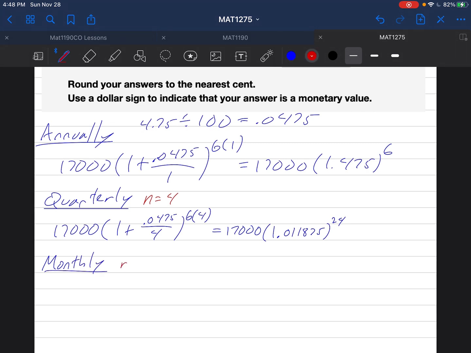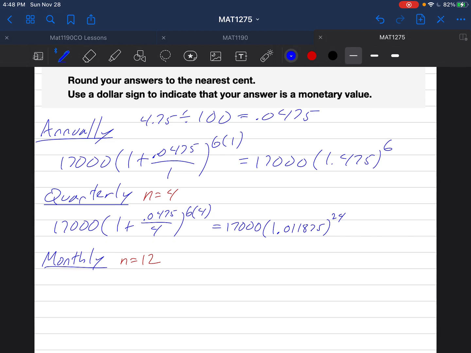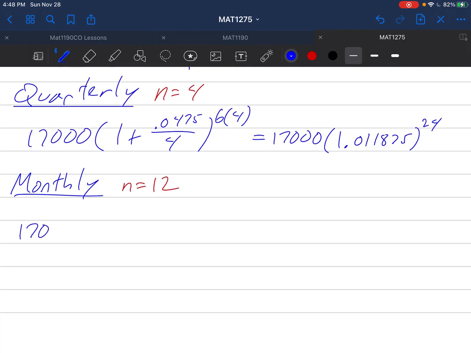So let's write out the formula for monthly. Monthly means n is equal to 12. 17,000, our principal. 1 plus 0.0475 divided by 12, raised to the 6 times 12.